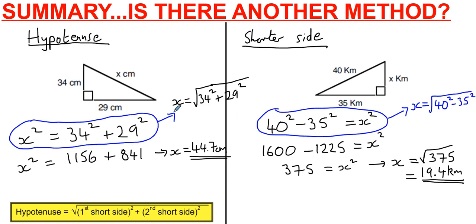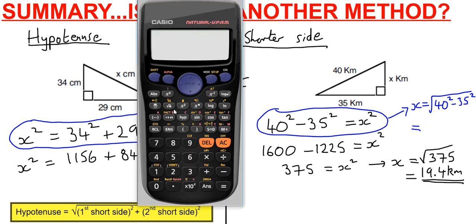So again, like we're finding with the hypotenuse, could we have done it just all on one simple line of the calculator? Let's see if we get the same answer. Tick symbol, 40 squared minus 35 squared. Again, does come to 19.4, so this method here is much quicker.